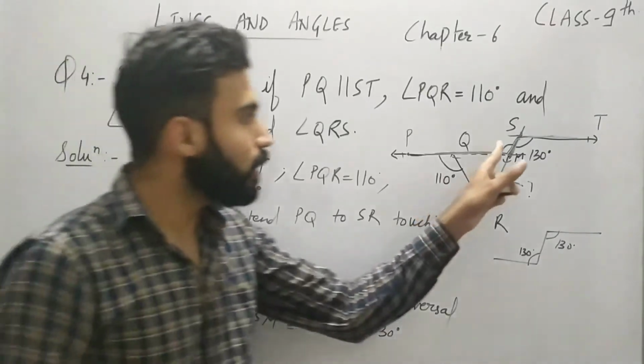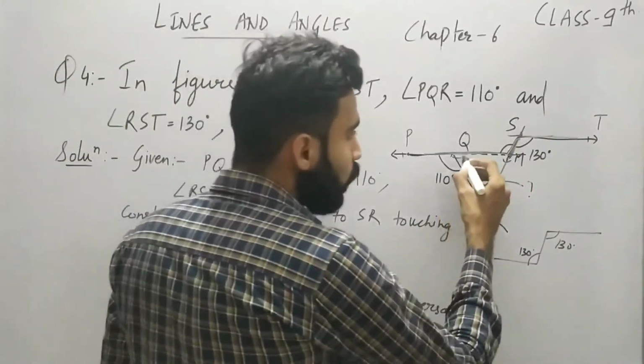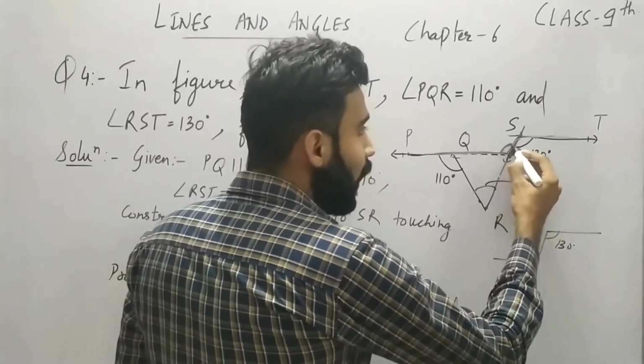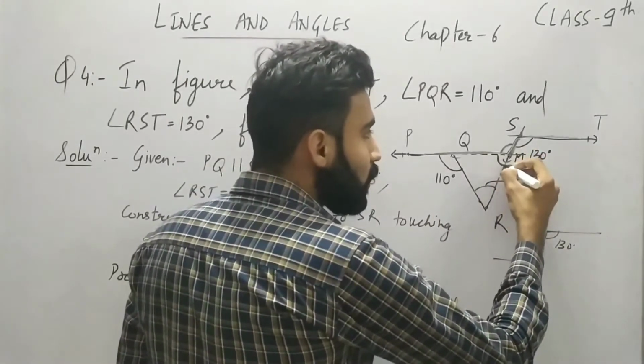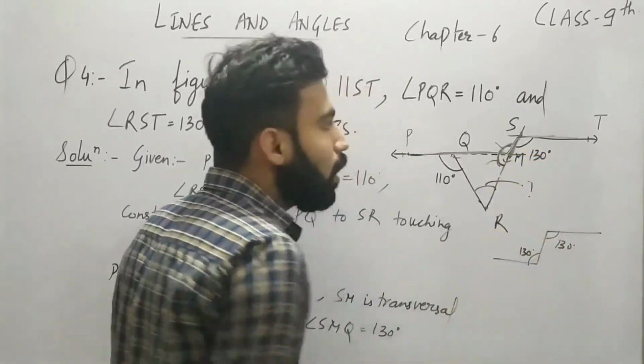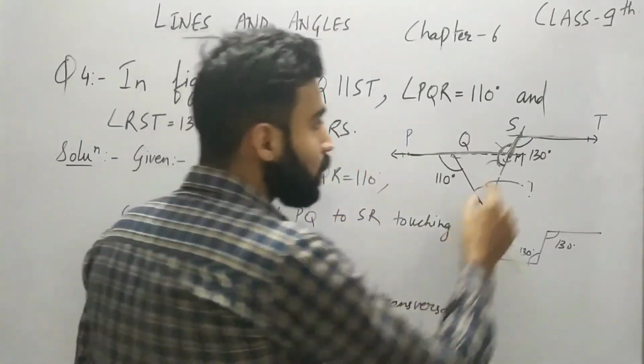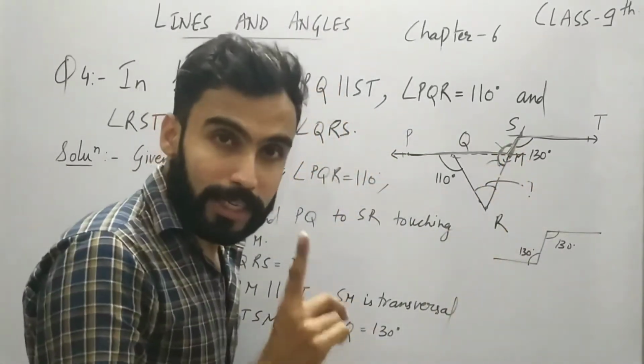So now we got this angle. Now further we have to find this angle. So if you just observe that this angle in combination with this is forming a 180 degree angle. So that means this and this angle are a linear pair. Getting my point? So that means their sum is going to be 180 degrees, right?